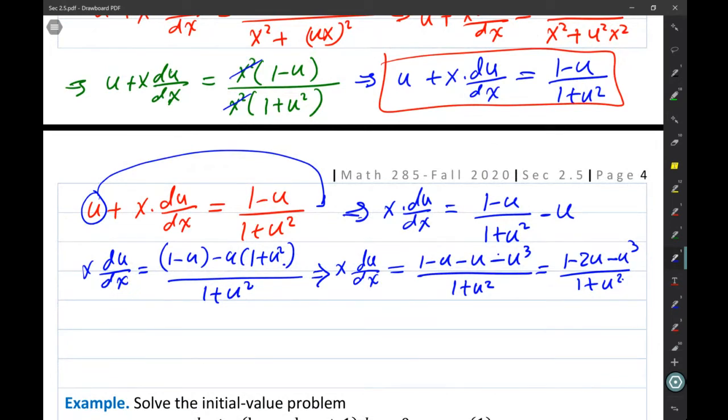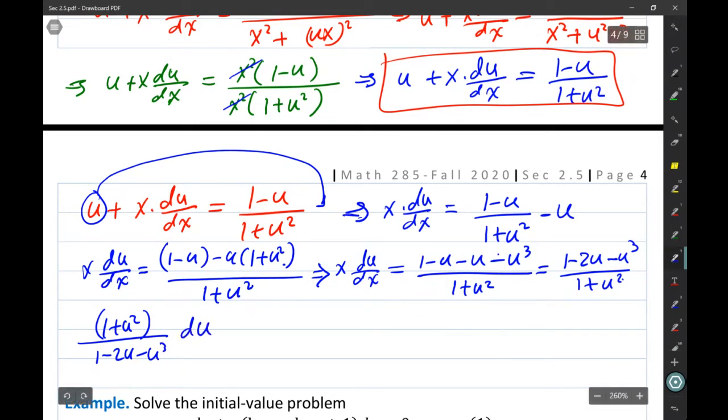Separation method. How? Let us see. Multiply by dx and divide by the right hand side. So that becomes 1 plus u square divided by 1 minus 2u minus u cubed, times du, equals 1 by x times dx.